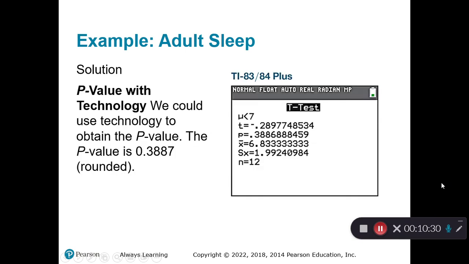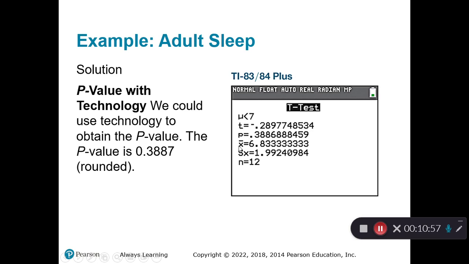If we were to use the TI-83 or 84 calculator, we would be able to find a more precise p-value. Notice that on your calculator, what they refer to as a lowercase p is actually the p-value. And I know that's kind of confusing because we are letting lowercase p stand for the unknown population proportion when we're working with proportion problems.